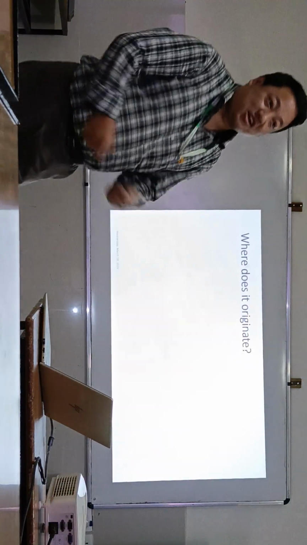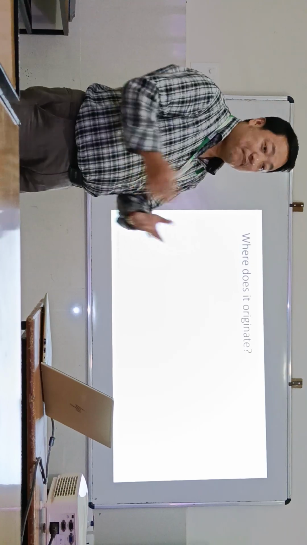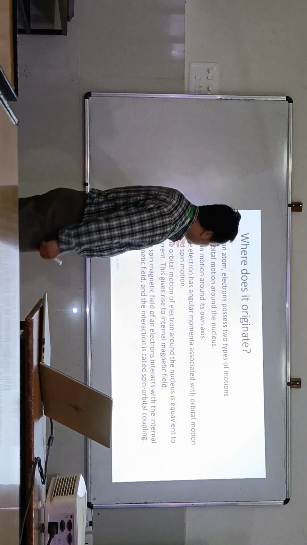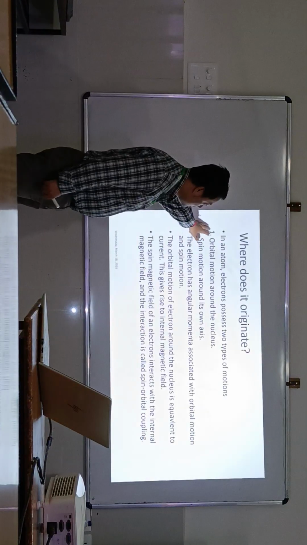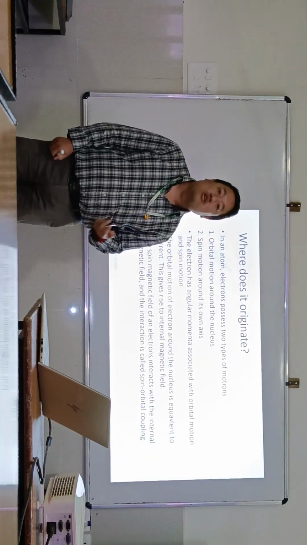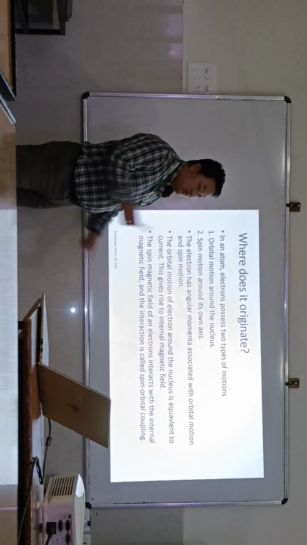Now, where does it originate? From where does this coupling happen? It is very simple. As I said earlier, it happens in the atom. Why? Because in an atom, electrons have two types of motion: one around the nucleus, and one on its own axis.